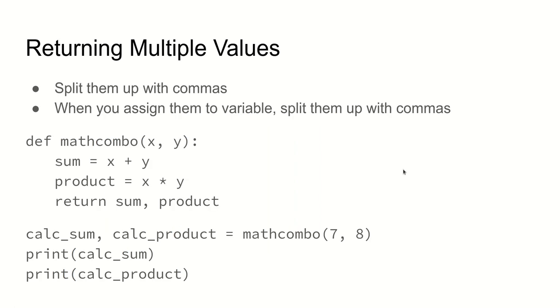One other thing that I want to take a moment to point out that's not directly related to files, but may come up as we get to more and more complex data, is we've said before that you can return one value from a function.